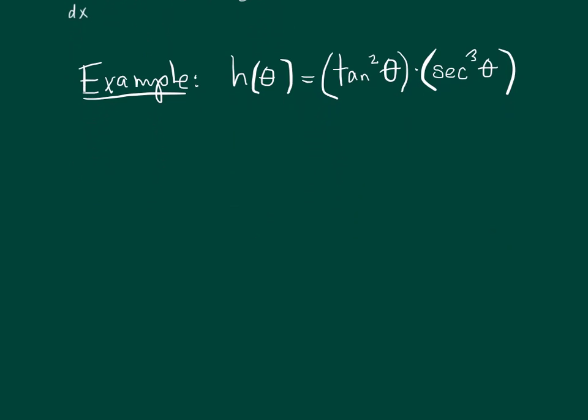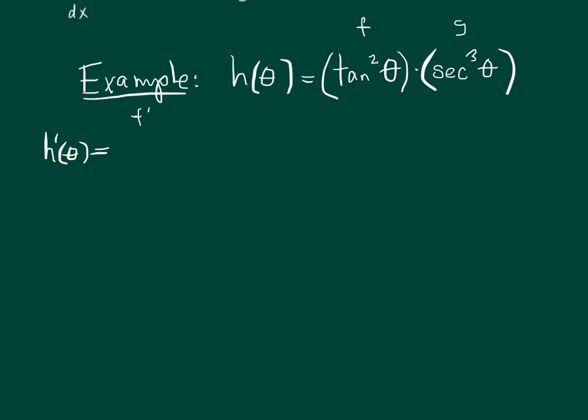So, without further ado, h prime of theta is, you use f prime g plus g prime f as your recipe for the product rule, right? So this is like my f and my g. So the first thing is f prime. Now to take f prime, we've got to do the chain rule.